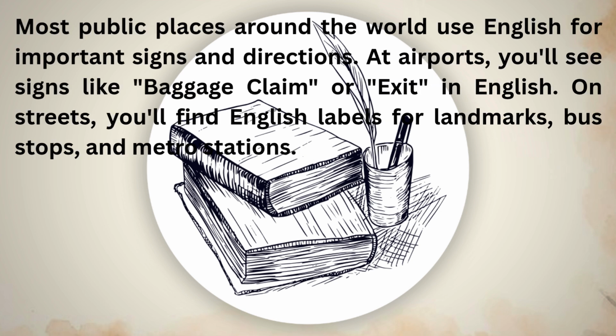Most public places around the world use English for important signs and directions. At airports, you'll see signs like baggage claim or exit in English. On streets, you'll find English labels for landmarks, bus stops, and metro stations.